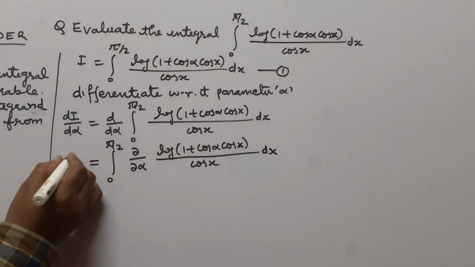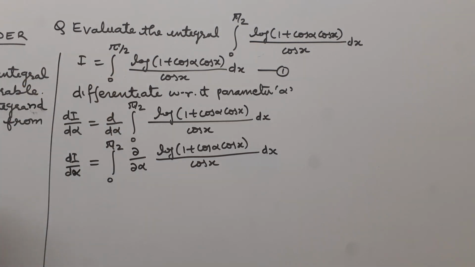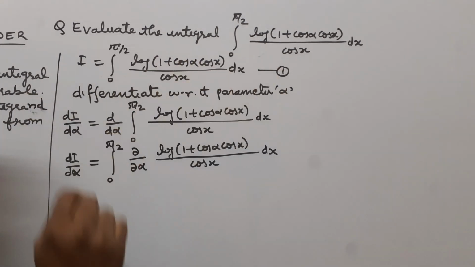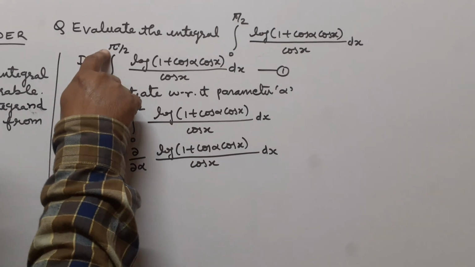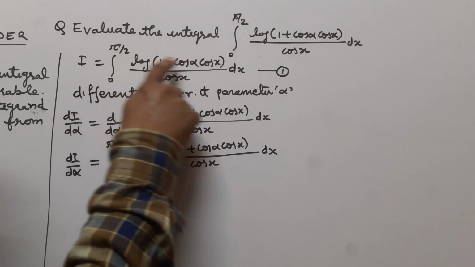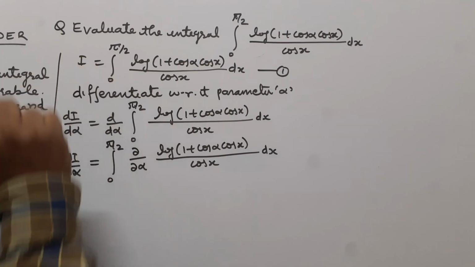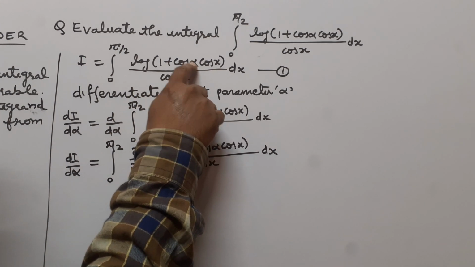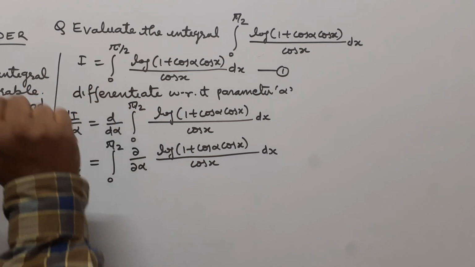Here we have to evaluate this integral I is equal to log of 1 plus cos alpha multiplied by cos x, whole divided by cos x, between the limits 0 to pi by 2. Suppose this is equation 1. Here the limit of integration goes from 0 to pi by 2, and this is the limit of x. The quantity alpha is independent of the limit of integration.